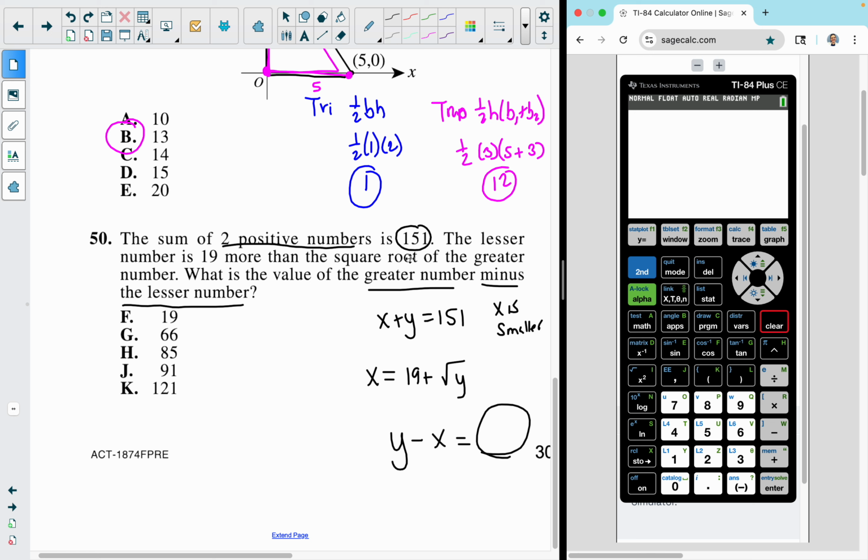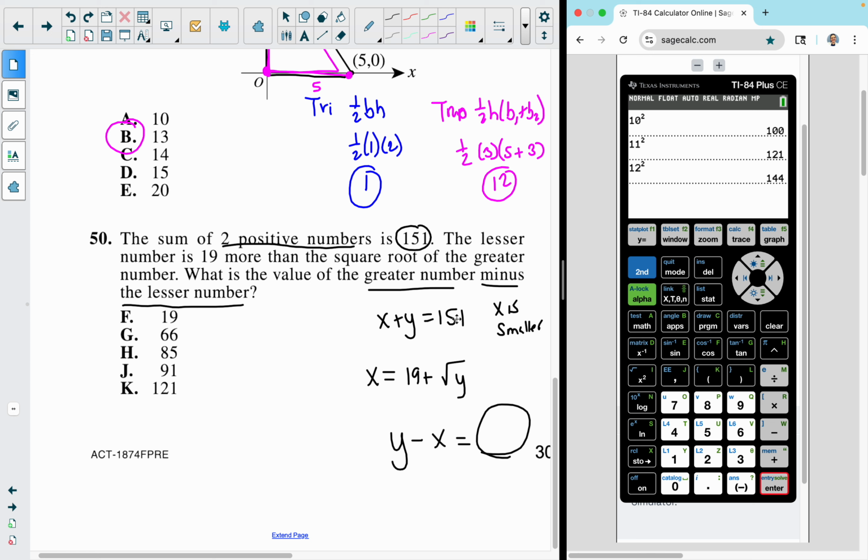Now, I need whole numbers here, so that means I probably need y to be a perfect square. 151 is close to 100, 121, 144, because I know 10 squared, 11 squared, 12 squared. 13 squared is going to be too big. So I'll start with 12 squared.